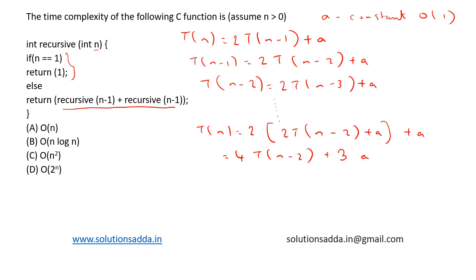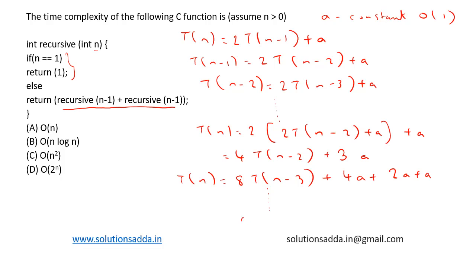Now again substituting, T of n will be equal to 8 T of n minus 3 plus 3a, which can be written as 4a plus 2a plus a. Solving this continuously till the kth iteration, where T of 1 we will obtain.